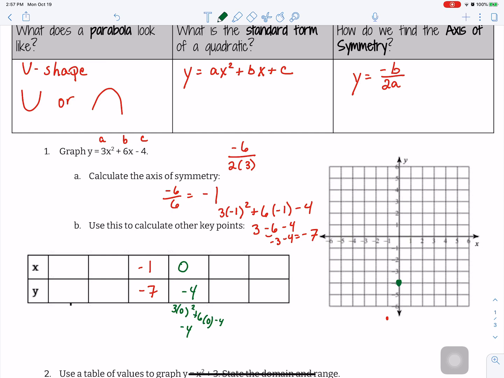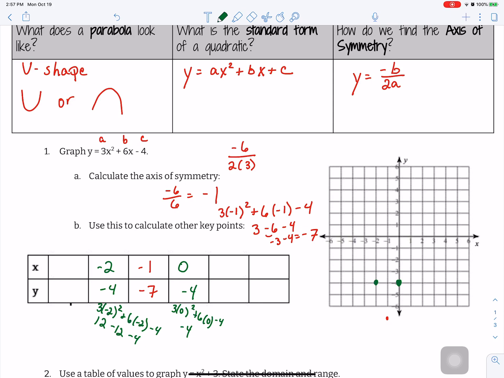Because it's an axis of symmetry, that also means if I went to negative 2, I should also get a negative 4, because my graph should be symmetrical. And so we can try that. 3 times negative 2 squared plus 6 times negative 2 minus 4. Negative 2 squared is going to be 4. 4 times 3 is 12. And then I have a minus 12 here. 6 times negative 2 is minus 12. So I still get a negative 4.